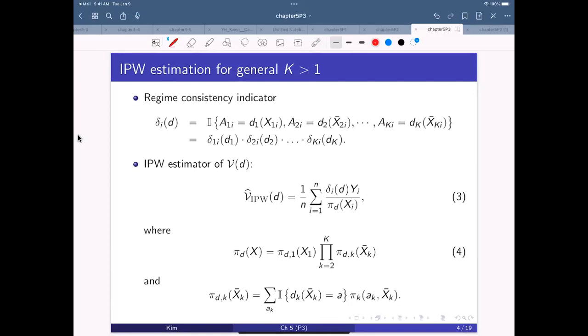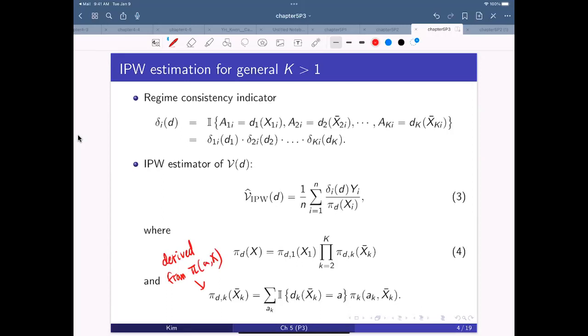and the denominator is the same thing, but now you have this product of the conditional probabilities, where this pi_D subscript is, as I said, derived from the original propensity pi(a|x).